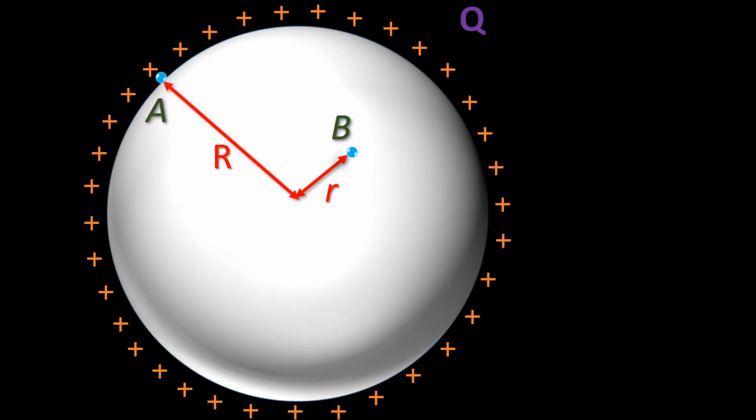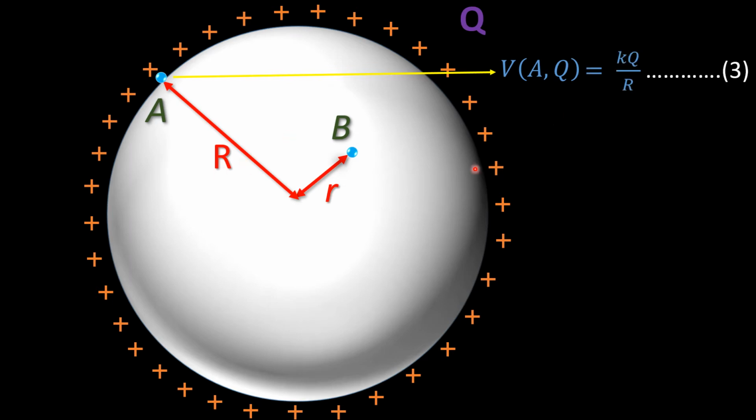And now again I want potential at point A due to the charge Q. How do we find it? So now A point is on the surface of the shell, and so what should be the expression? KQ by radius. Radius is capital R. So K capital Q by capital R.